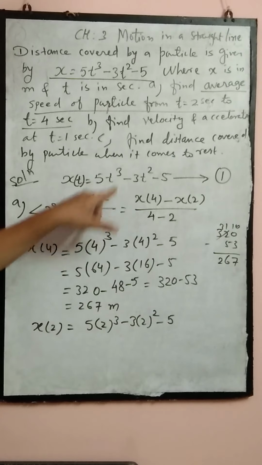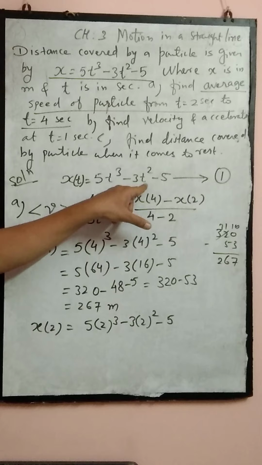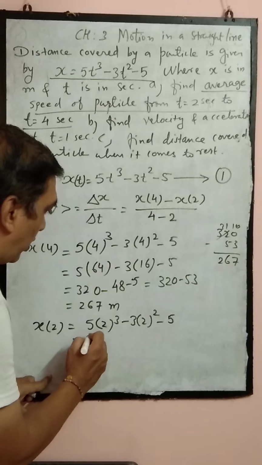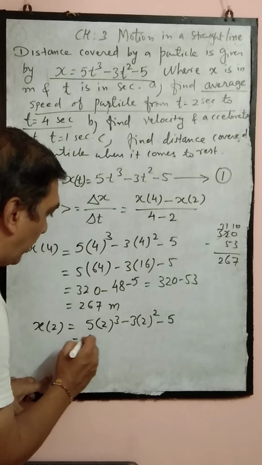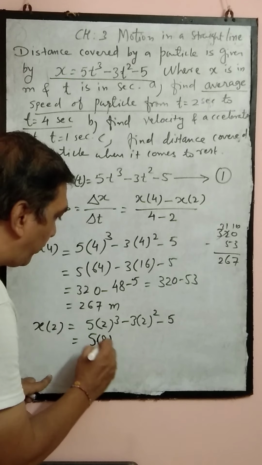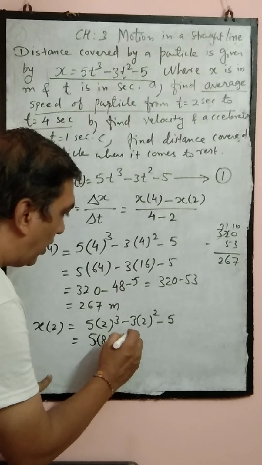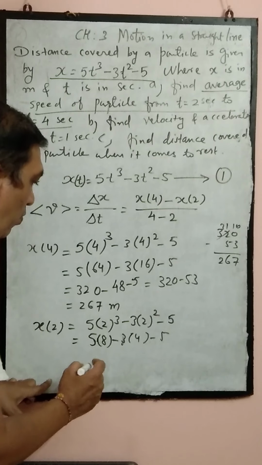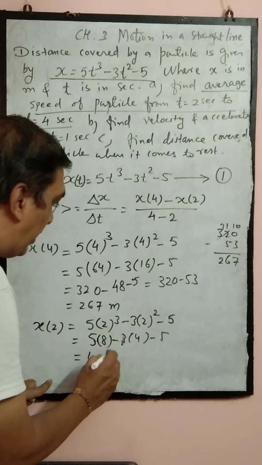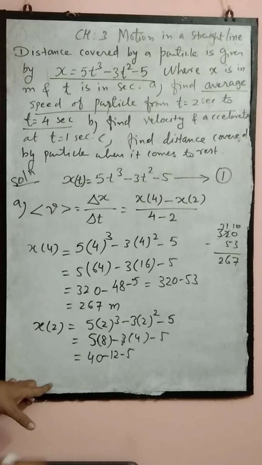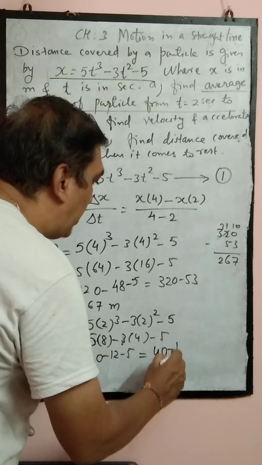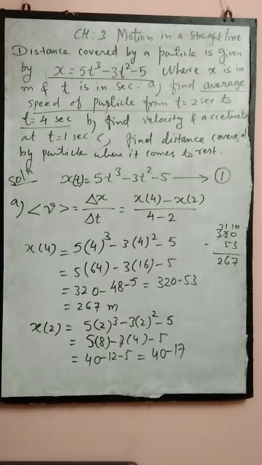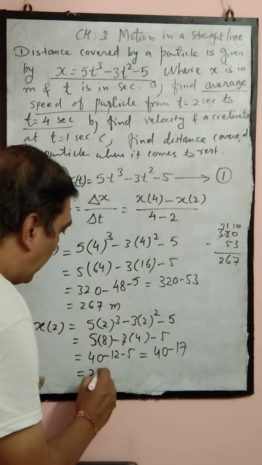So 5 into 8, that is equal to 40, minus 3 into 4, that is 12, minus 5, which is equal to what we have? 40 minus 12 minus 5, that is 40 minus 17, right? That is equal to 23. So 23 meter.